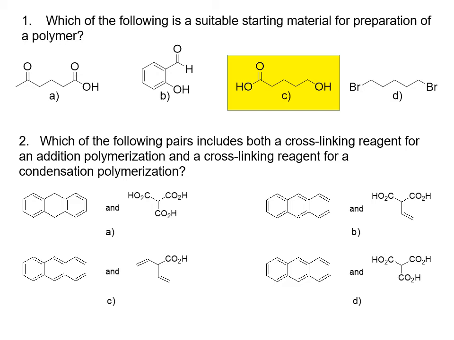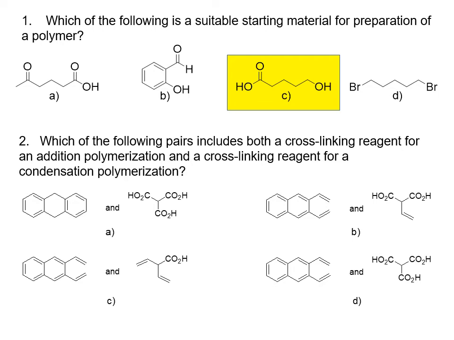So, the double bond in this case doesn't count, because double bond in that dicarboxylic acid will not cause cross-linking of a polyester, for example. C, same as before. On the left, we have cross-linking reagent for addition polymerization, but C is not cross-linking reagent for condensation polymerization. Again, double bond will not cause polyester to cross-link.